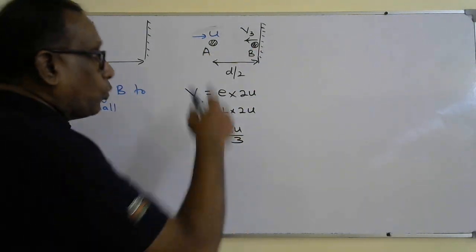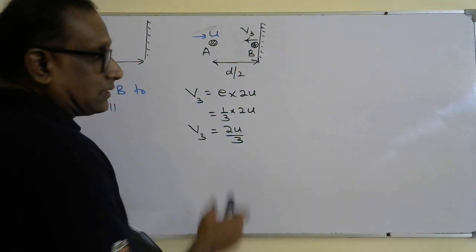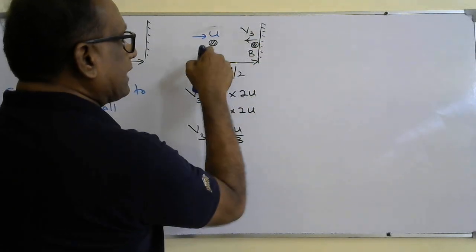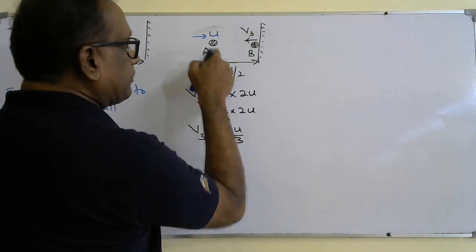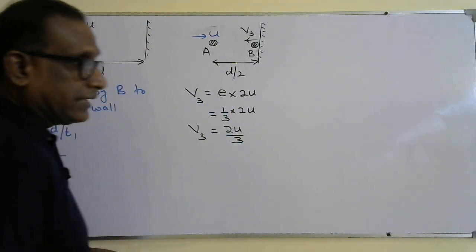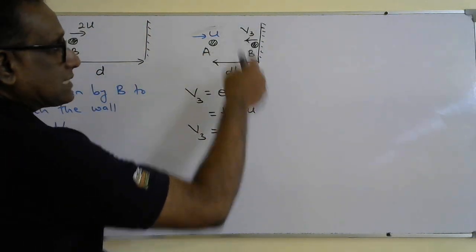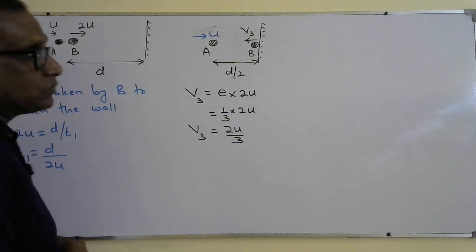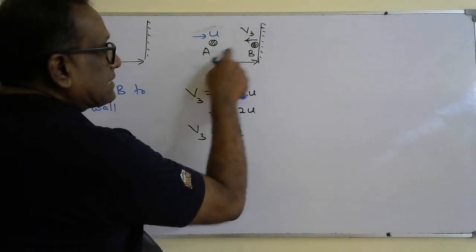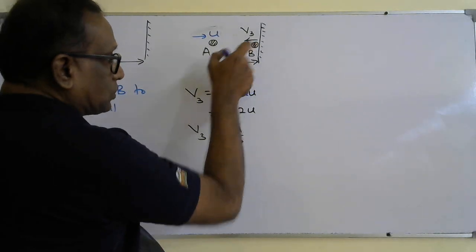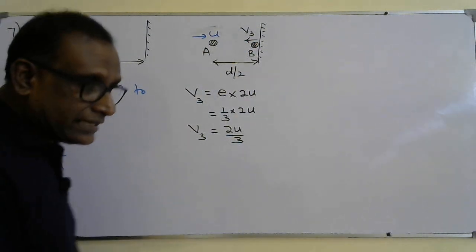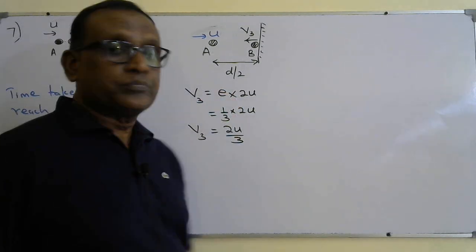But anyway, from this moment, when the ball just bounces off from the wall, ball A is at a distance D by 2 from the wall at a speed U, and this is at a speed 2U by 3. When they collide, the total distance traveled by them is D by 2. We don't know at which point they are colliding, we don't need to, but the distance traveled by this and the distance traveled by this will be equal to D by 2.